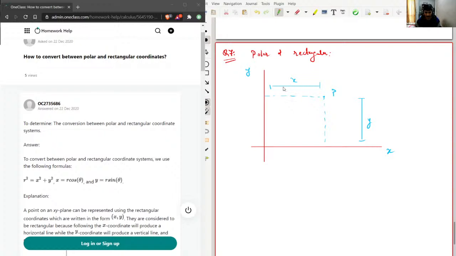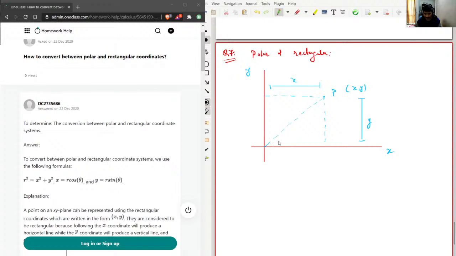So in a rectangular coordinate system, basically we represent the point in terms of this distance x and y, or the perpendicular distance from the axis. So the point p will have x comma y as its coordinates. Okay, let's say x1 y1. If I draw one line from here, then we can clearly see that this is a right angle triangle.